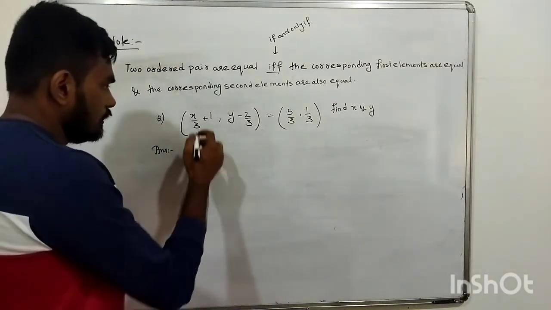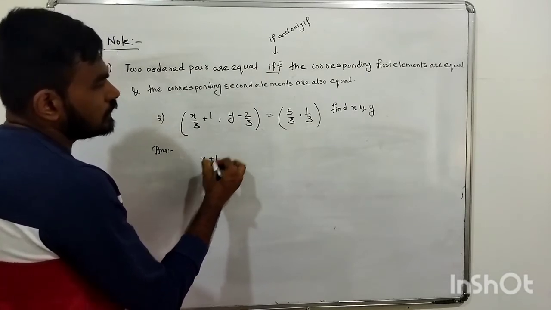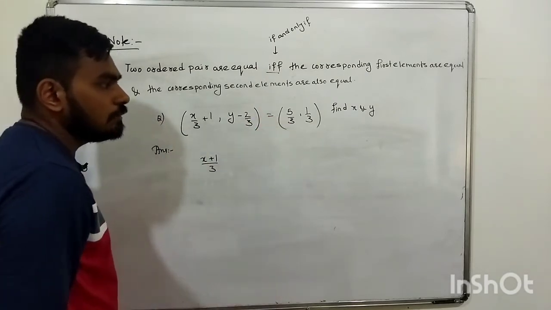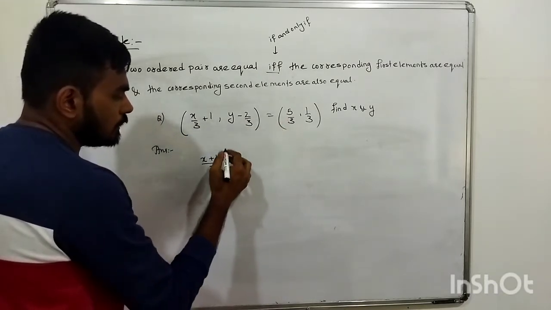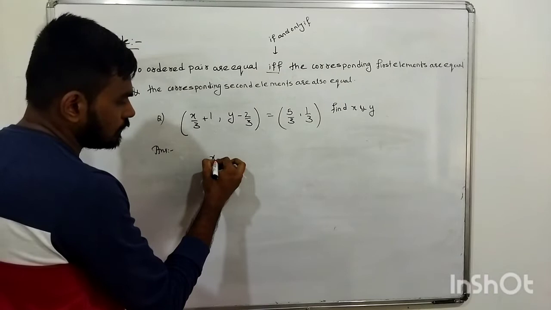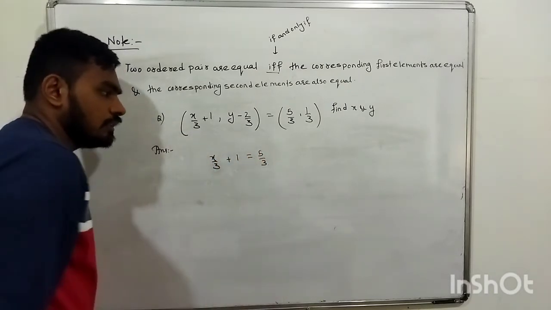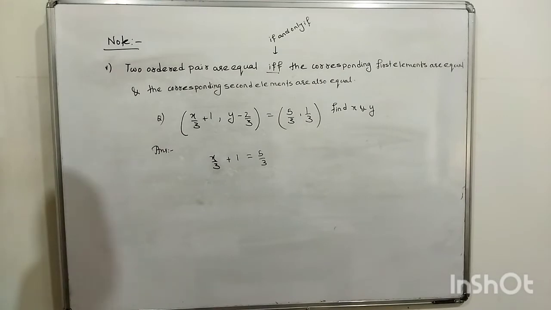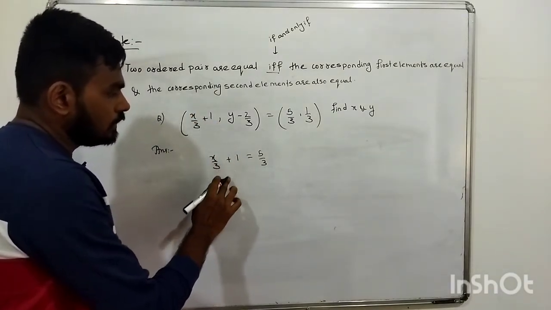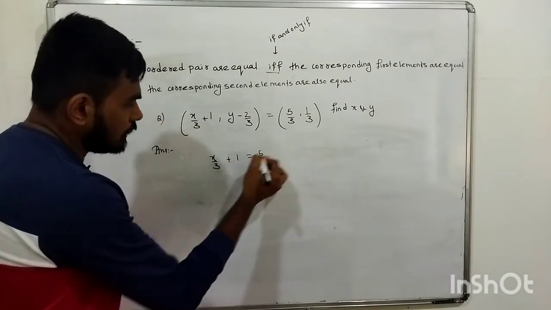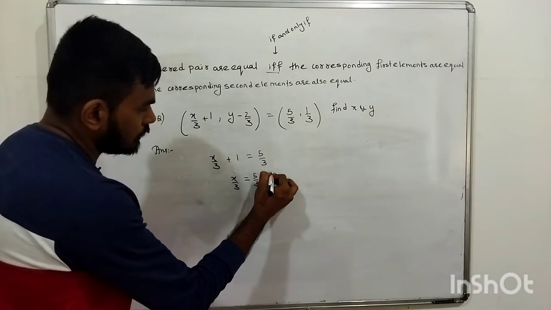First thing, since the ordered pairs are given equal, the corresponding first elements are equal. So x/3 + 1 is equal to 5/3. Now solve this. I can take the 1 to the other side, so x/3 is equal to 5/3 minus 1.